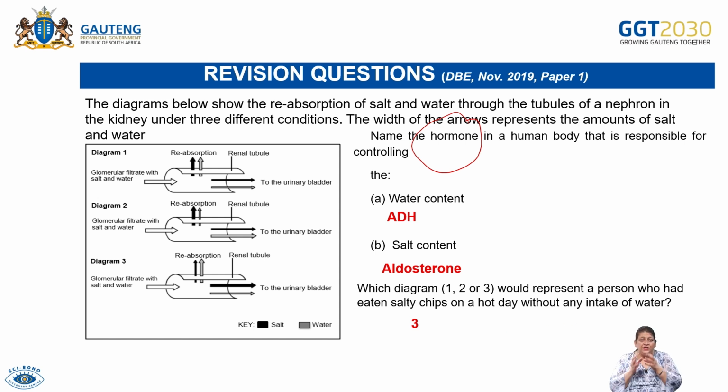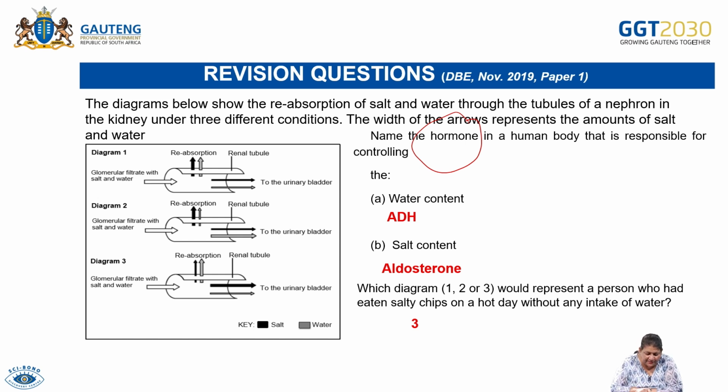So imagine now you're eating salt and vinegar crisps, or you bought some chips and you put salt. Now salt is high in the blood because you added salt to your food. Plus it's hot and you are sweating. Now your water level is going to be low in the blood.